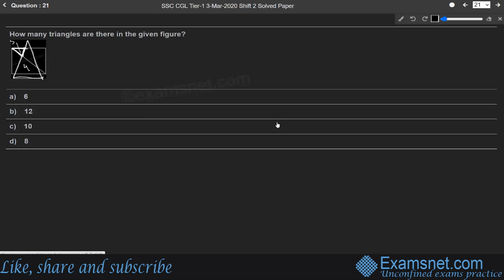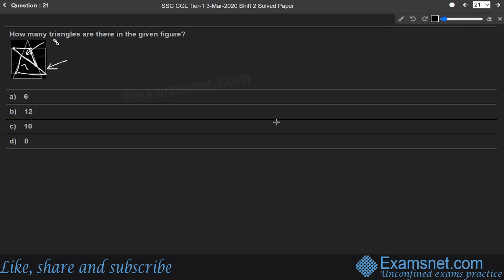Now let us look at some more possibilities. One more triangle will be in this way. This is the seventh triangle, and another triangle is this. This is the eighth triangle.